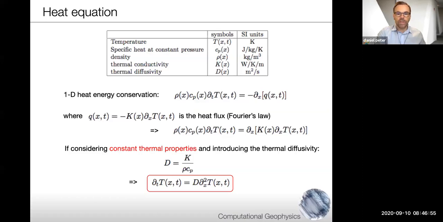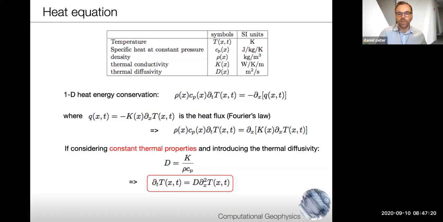But if you look at the heat equation, you see that when we assume constant thermal properties, we can write the heat equation in a very simple form. At the bottom, you have it there in the red box.